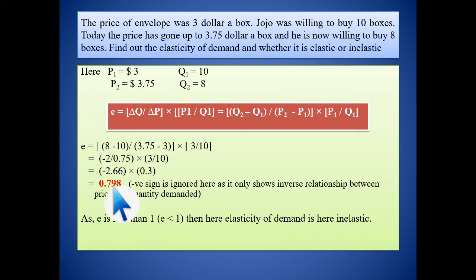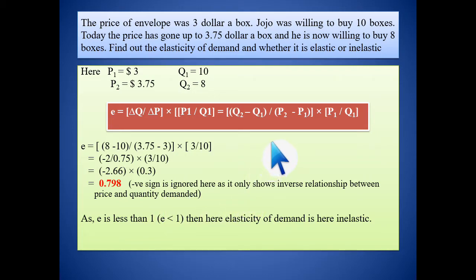Another thing I have to add here: this is the negative sign you have seen. But I have ignored this negative sign in the answer, and you also have to ignore it. Why? The negative sign is ignored here as it only shows the inverse relationship between the price and quantity demanded.